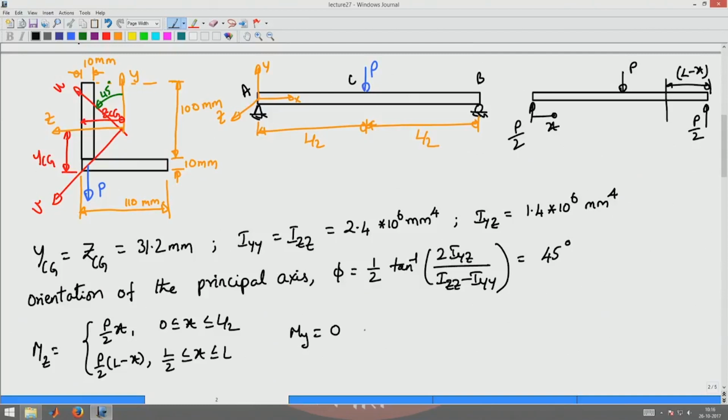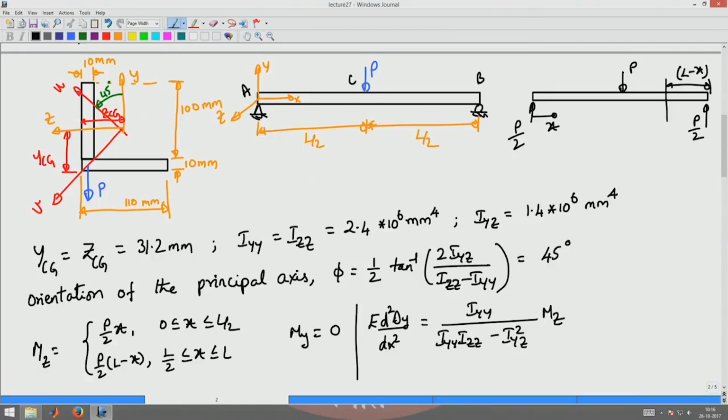Okay, for this case you will find that E times d square delta y by dx square is given by Iyy divided by Iyy Izz minus Iyz squared into Mz.